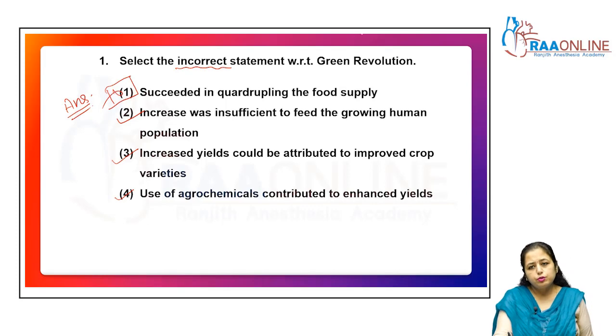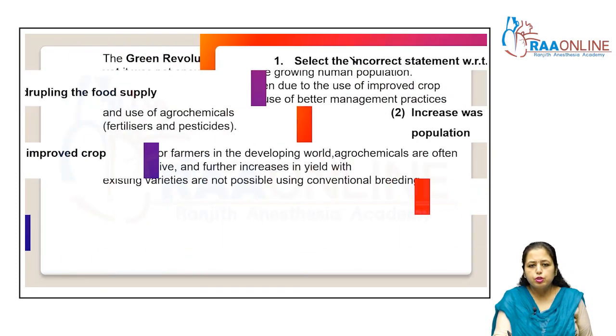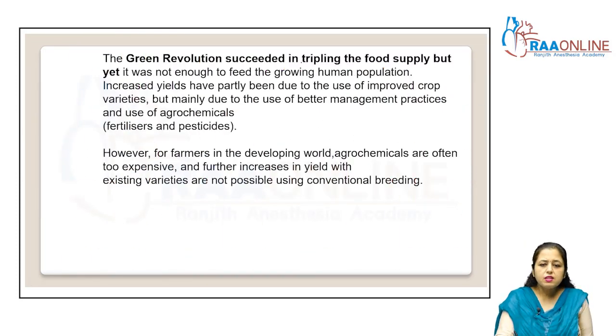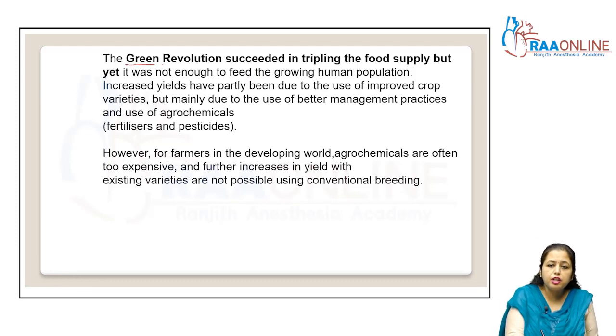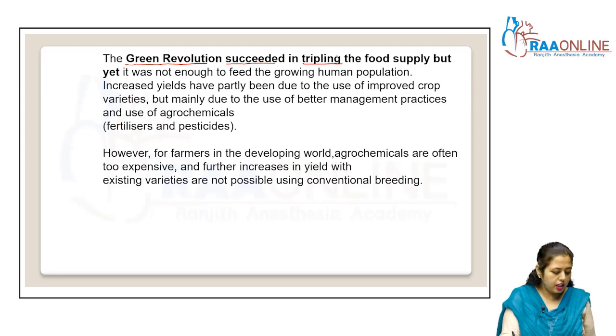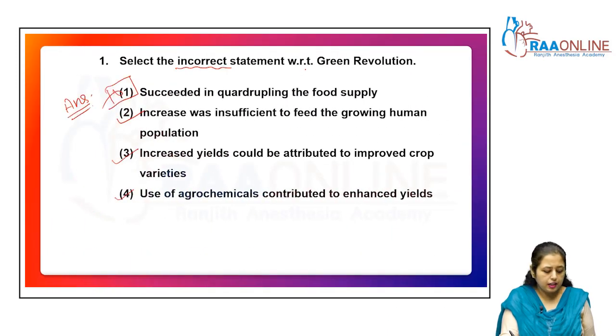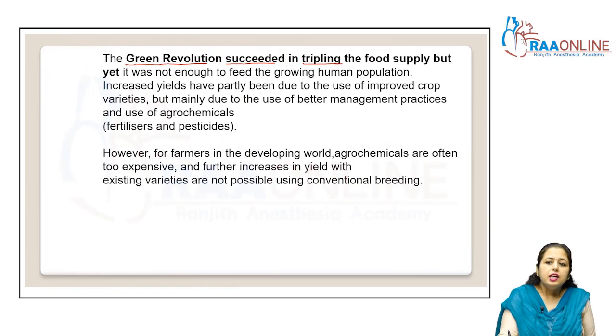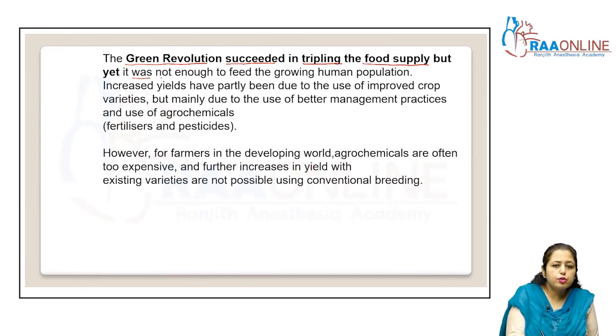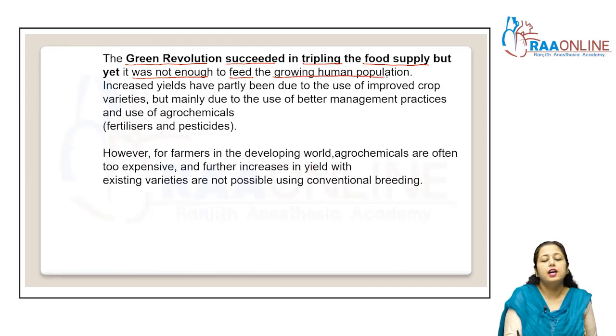Now we have to study what the Green Revolution is. See, these are the exact lines of NCERT, and it is mentioned that the Green Revolution succeeded in tripling, not quadrupling, the food supply, but yet it was not enough to feed the growing human population, right?